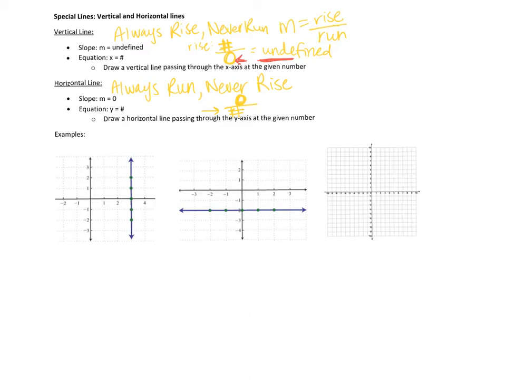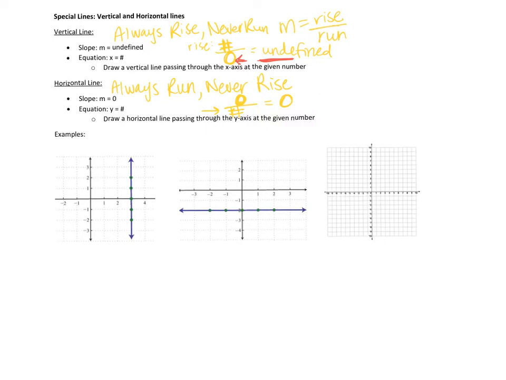So if I take 0 and divide by 9, or 0 divided by -2, I can divide 0 by a number, but in the end, I just get 0. Okay, so the slope of a horizontal line is going to be 0. This time they'll give me a number and I'm going to draw a horizontal line at that point.